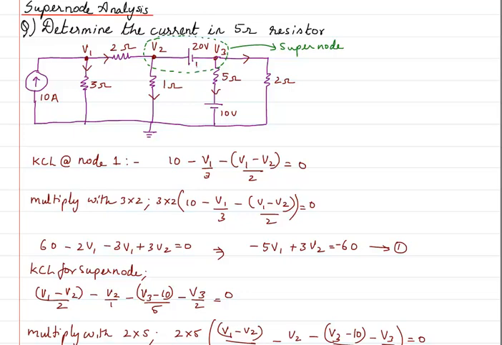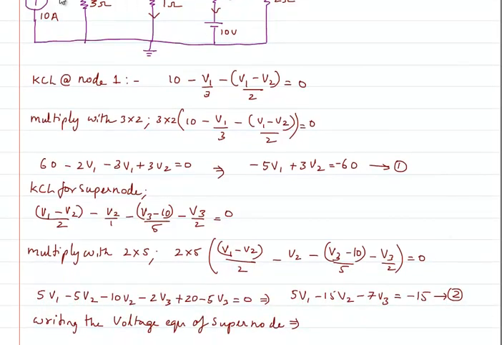Why? Because V3 is having negative side here and this is positive. So I can write V2 minus V3 is equal to 20, or V3 minus V2 is equal to minus 20. So I can directly write here V2 minus V3 is going to be equal to 20. And that is the third equation.